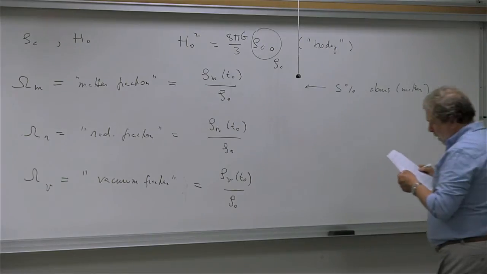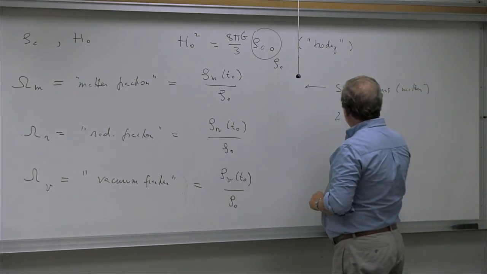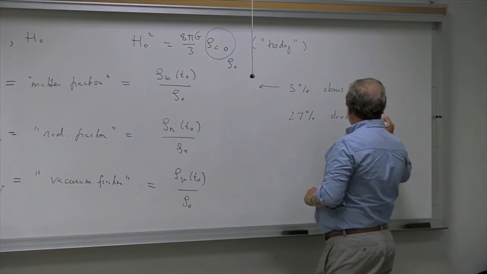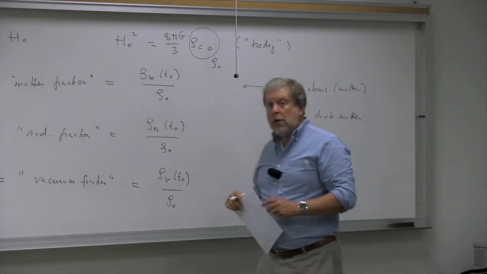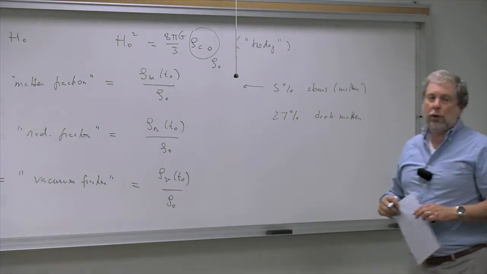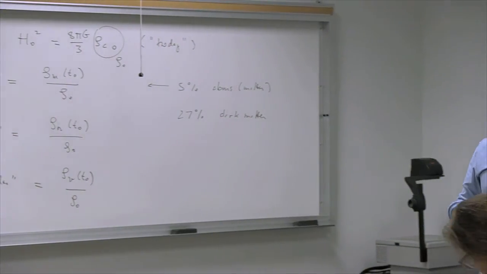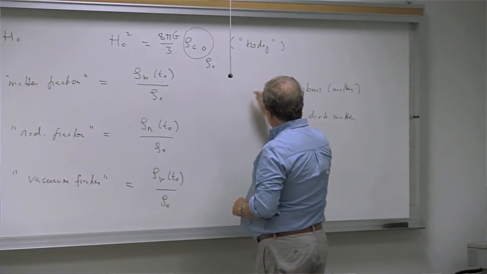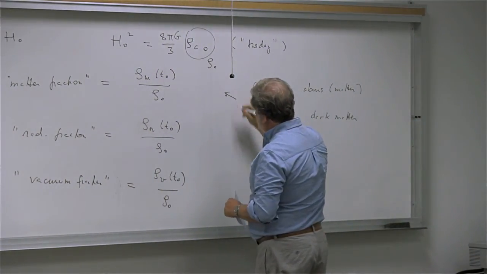And about 27% is dark matter. That is matter that is non-baryonic. It's not made of the usual things that we are made of, atoms and protons and electrons and so forth. That, of course, all goes into the matter part.